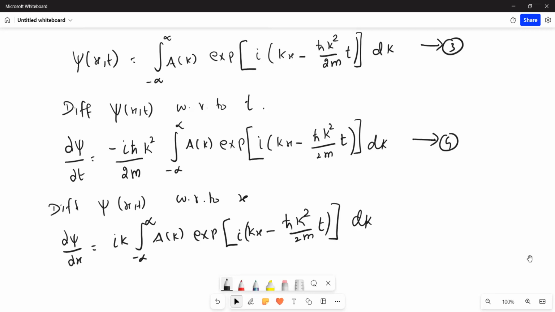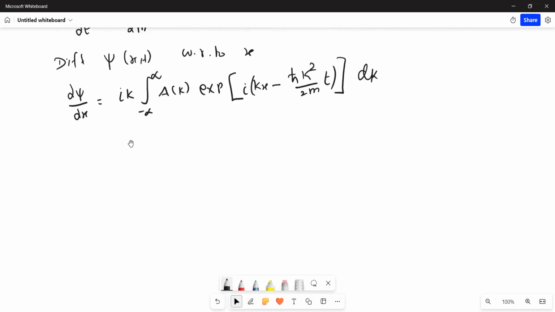Right. So now you make some simplification. For further simplification, you need to make the further differentiation with respect to x, second order. Again you differentiate it.